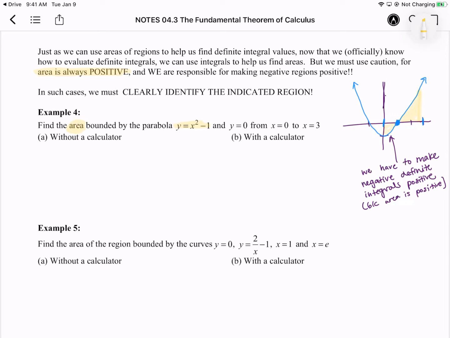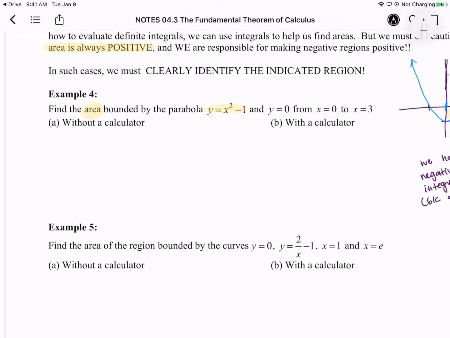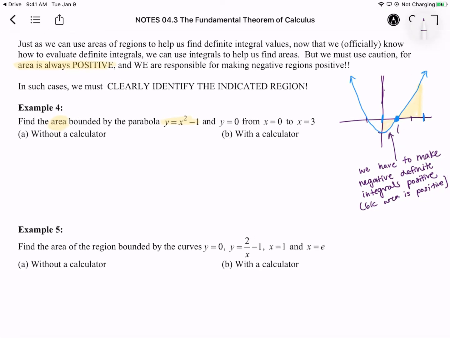But because this is area, I have to do this extra step, and I have to make that definite integral positive. So basically, this is at the point 1, 0. So I know that the definite integral from 0 to 1 will end up being negative, and I have to make it positive by adding a negative sign in the front.